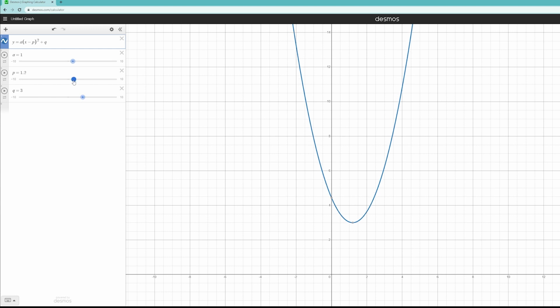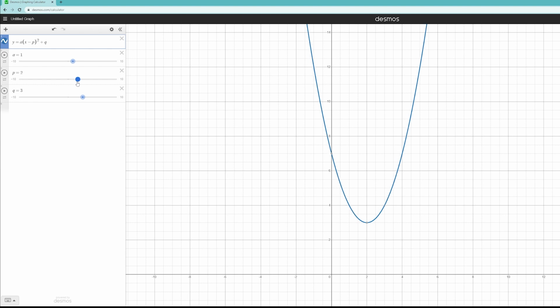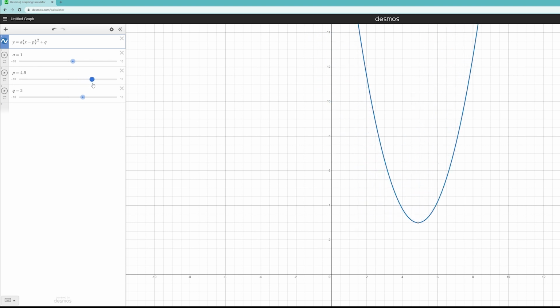Let's go ahead and move that p value to 2. And we notice here that the vertex x-coordinate has now changed to 3... and let's move this to maybe a 5, and we can see here that the x coordinate is now a 5. So we can go ahead and make the assumption that this p value affects whatever the x coordinate of our vertex is going to be.